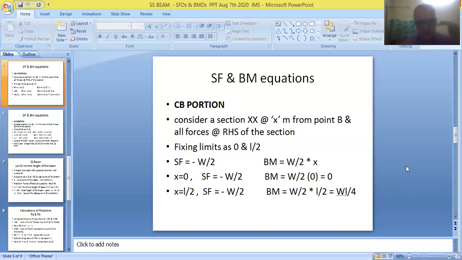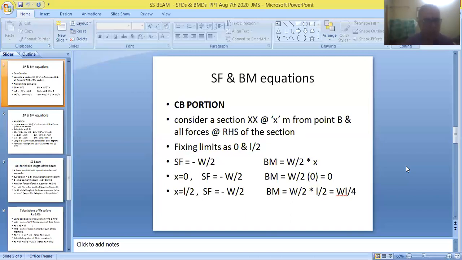Now this reaction is offered in upward direction. So therefore the beam will have tendency to move in anti-clockwise direction. So this is resulting in anti-clockwise movement. So always a positive plus symbol must be allotted for anti-clockwise movement. So therefore it is written as plus W by 2 into small x.